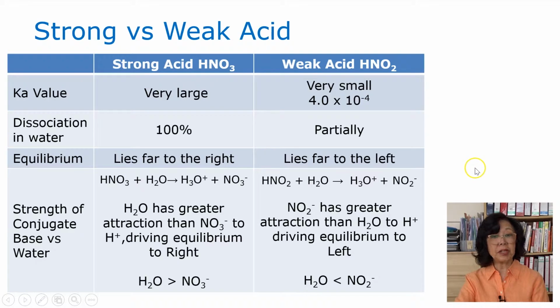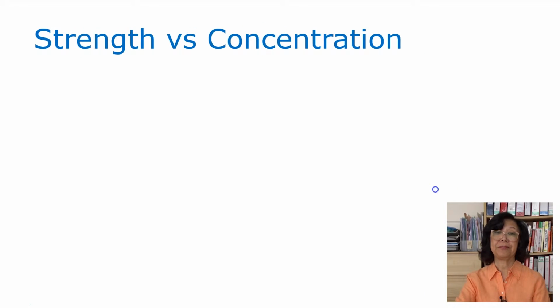The nitrite ion has a greater attraction than water for the hydrogen ion, driving equilibrium to the left. Therefore, the nitrite ion is a stronger base than water. The conclusion is that the conjugate base of a strong acid is weaker than the base water, but the conjugate base of a weak acid is stronger than the base water.